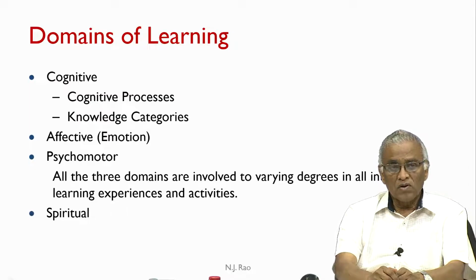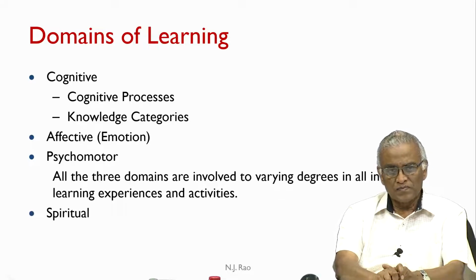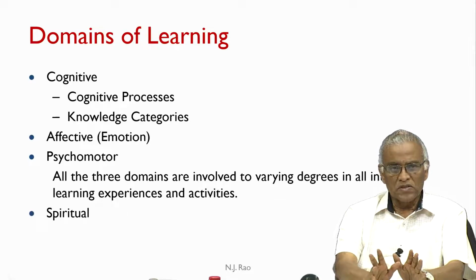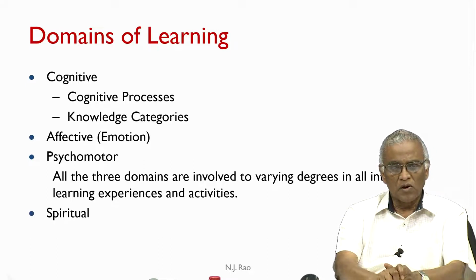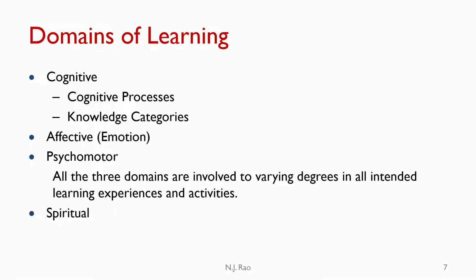Then what are you trying to remember? Some knowledge, and that is the reason why you have two dimensions when you talk about the cognitive domain. Then you have the affective domain, which is linked with emotion, and then the psychomotor domain, and all three domains are involved to varying degrees in all intended learning experiences and activities.